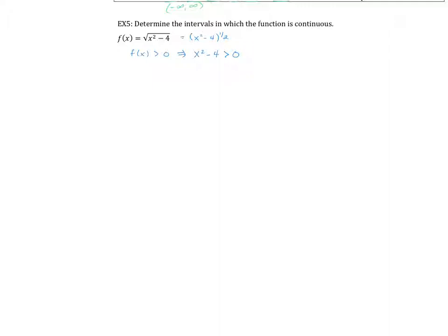So going back to algebra, the way we solve these is by factoring and finding critical values or critical points. If I factor x squared minus 4 and then set each of these factors equal to 0, my critical values or points would be x equal to negative 2 and x equal to positive 2.